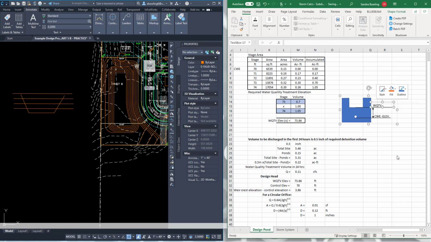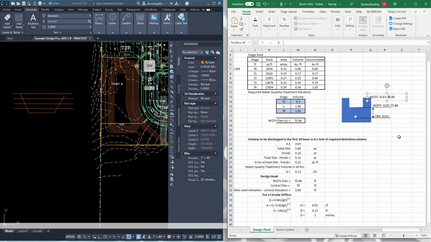I don't know why that's not working. Oh, I do know why it's not working. There we go. I like to make these nice and neat so when you submit, the reviewers don't have such a hard time. And the top of the structure is going to be 74.00, which is basically the top of our pond.